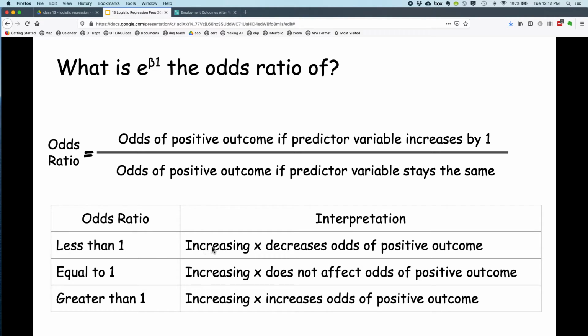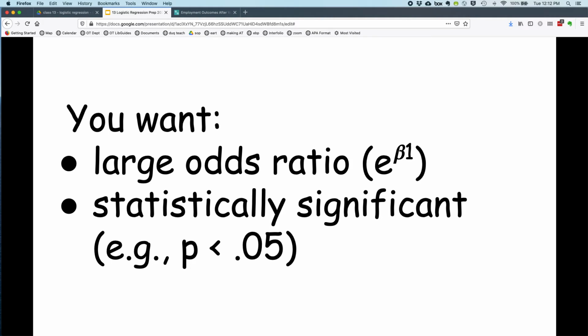If it's less than 1, then increasing x, your predictor variable, decreases the odds of a positive outcome. If it's greater than 1, increasing x increases the odds of a positive outcome. And what you want is a large odds ratio, and you want statistical significance.